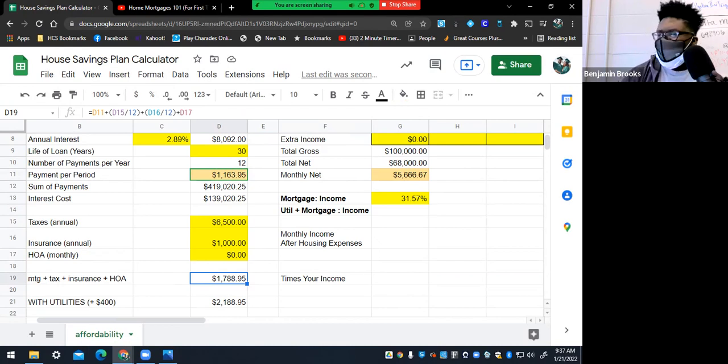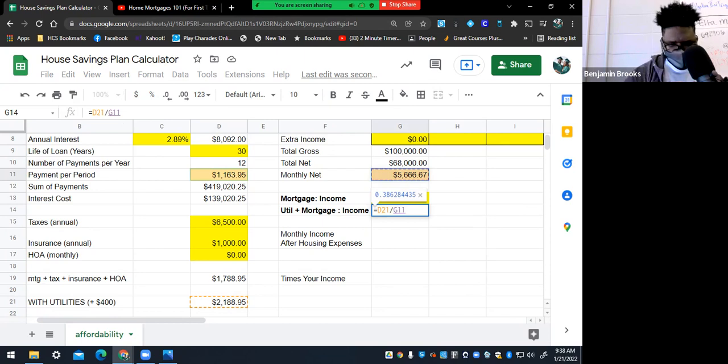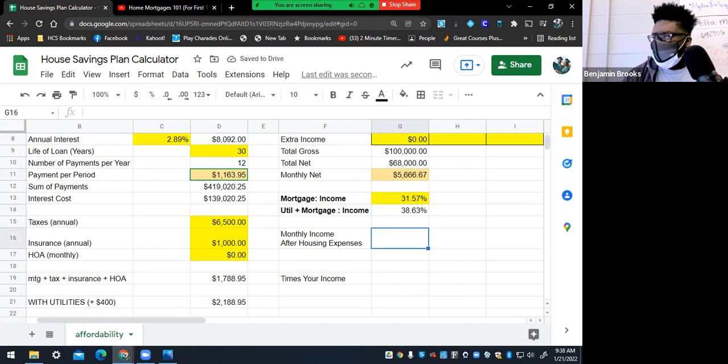So you're going to do that divided by that. And then this one would be the utilities plus. We're going to do the exact same thing. We're going to hit equals this one instead divided by your monthly net income. And once again, we're going to turn this into a percentage.